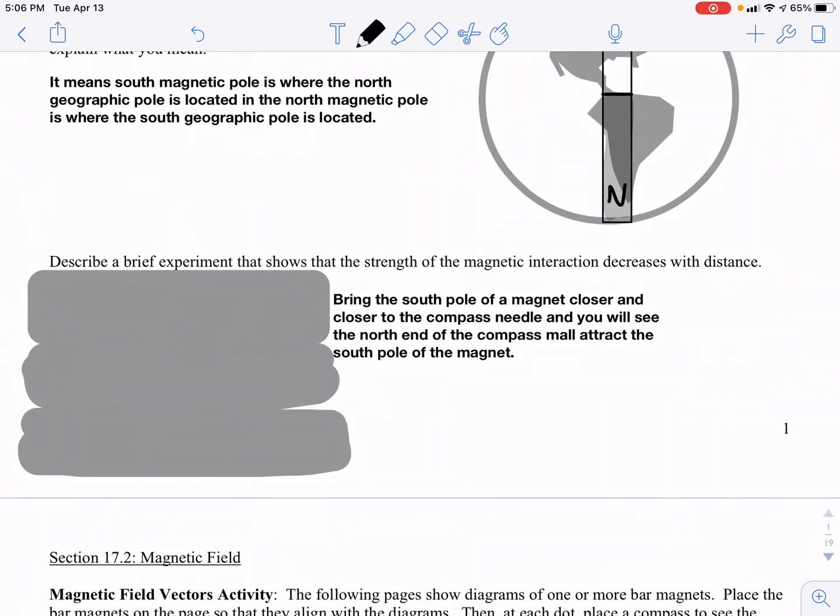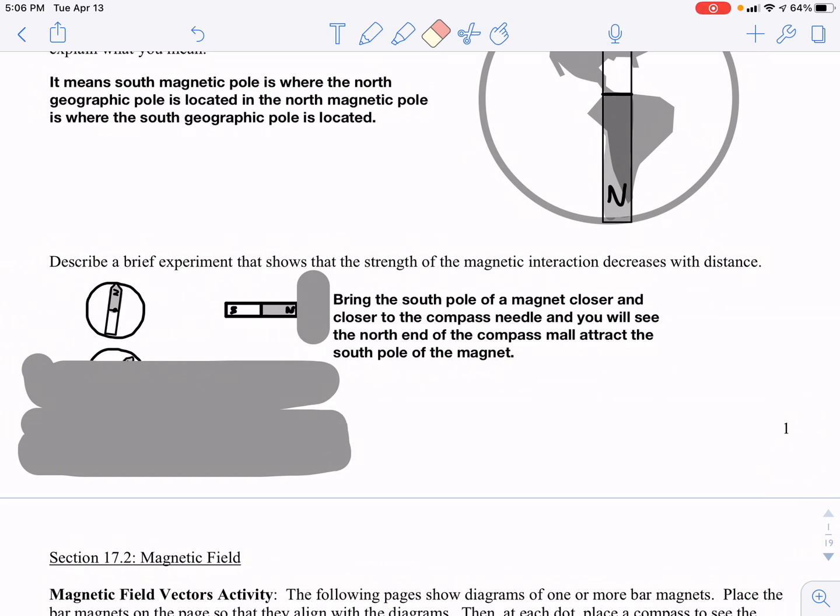Describe a brief experiment that shows the strength of the magnetic interaction decreasing with distance. So basically what we do is we bring the south pole of a magnet closer and closer to a compass needle, and you will see the north end of the compass needle start to attract the south pole of the magnet. It might look like this.